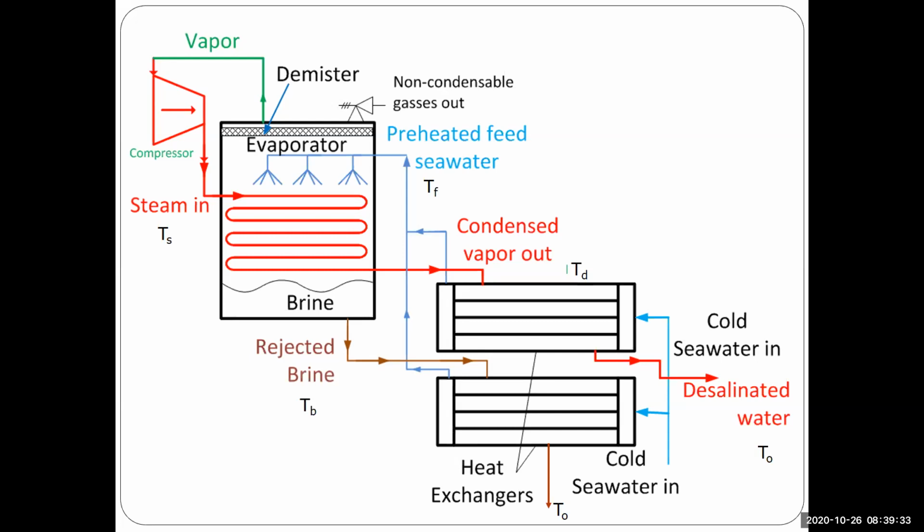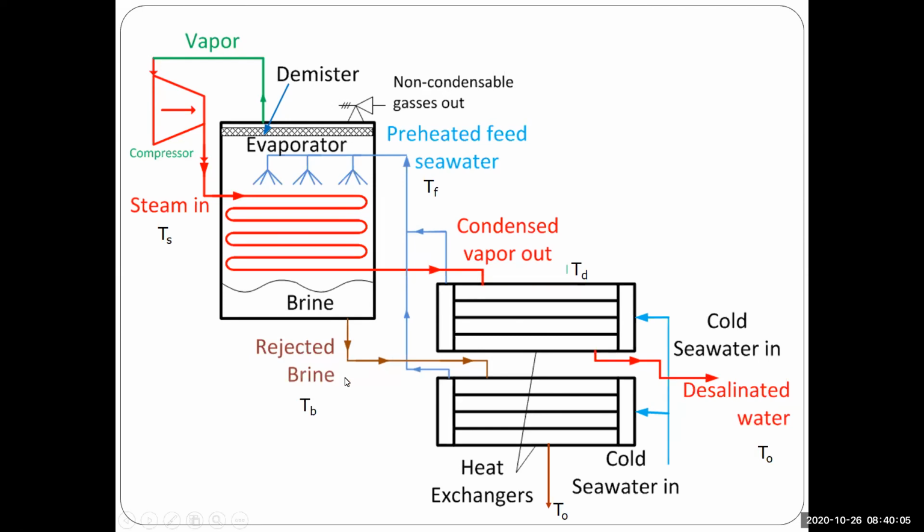When we come to how the model equations would be, basically the basic equations that we have in the evaporator will not change much. We have a couple of heat exchangers where in these heat exchangers, we do not have condensation, but we have a hot stream of liquid that is being cooled down from T_D, which is the distillate temperature, to T naught, which is the temperature of the distillate leaving the heat exchanger.